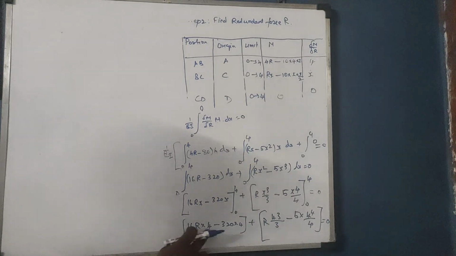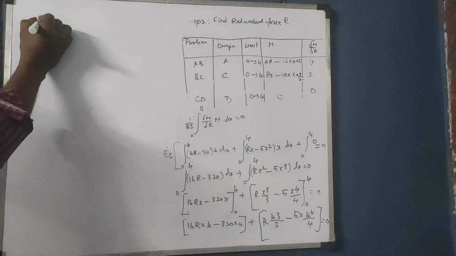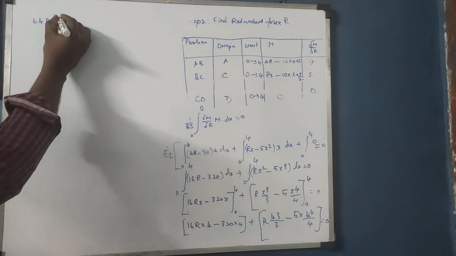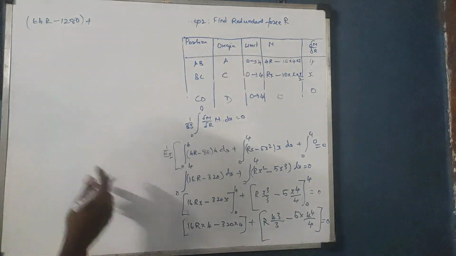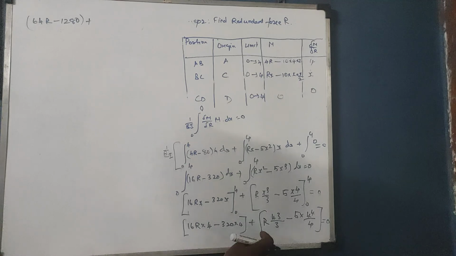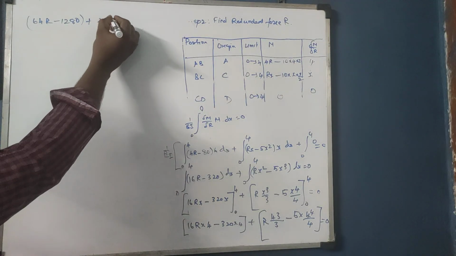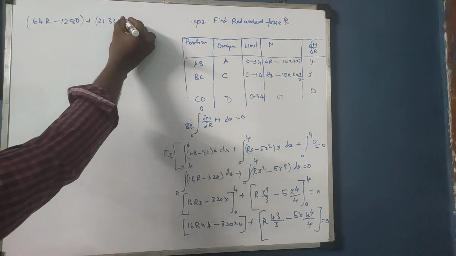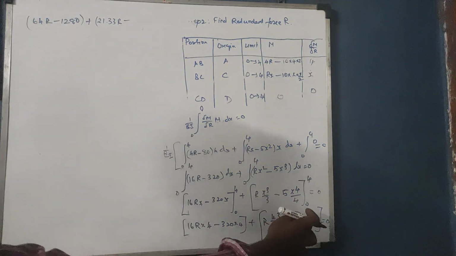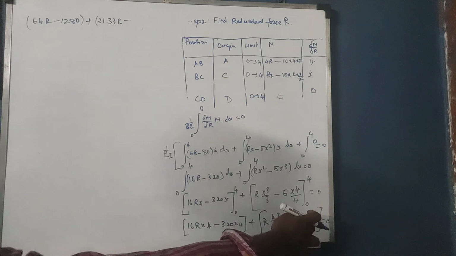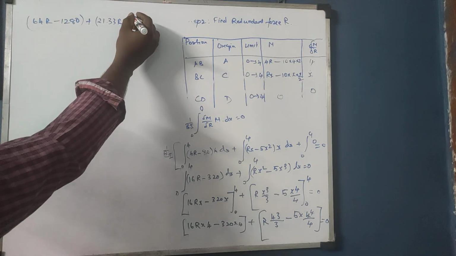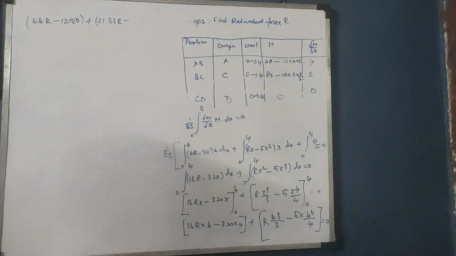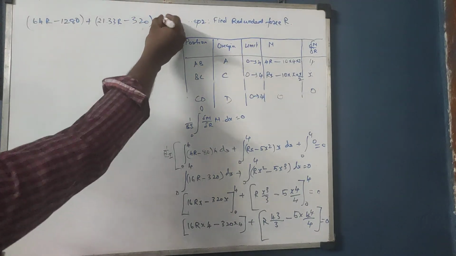Now 16 into 4 is 64R minus 1280, plus 4 cube by 3, it is 21.33R, minus 4 power 4 by 4, that is 4 power 3 into 5, 64 into 5, it is 320, equal to 0.